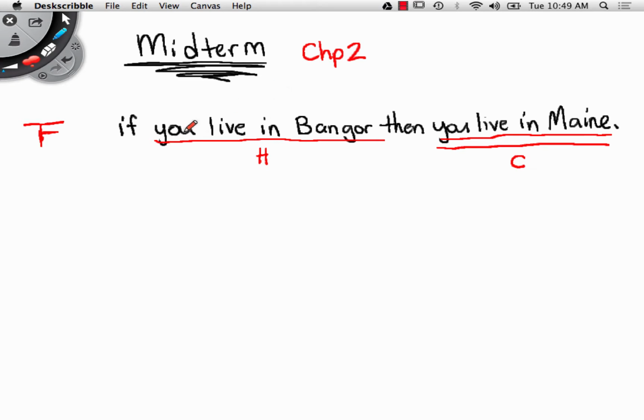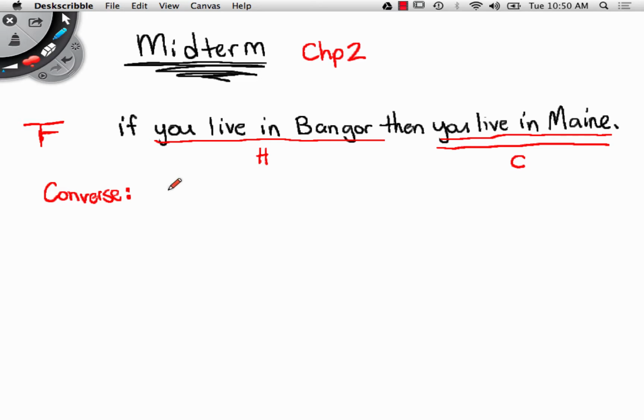Okay. Now, one thing that you have to be able to do for the midterm is you've got to remember how to take the converse of something. How does one take the converse? What do you do? Simply switch the hypothesis and the conclusion. Do you switch the if and the then? No. You don't. Okay?